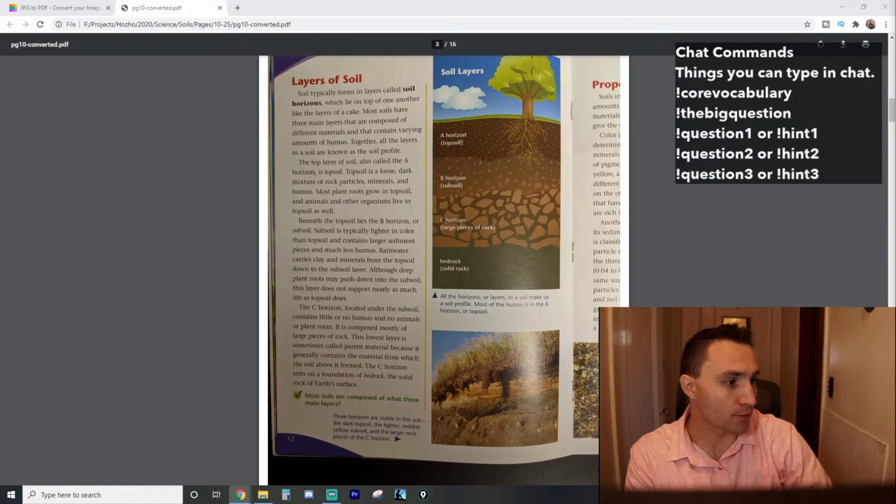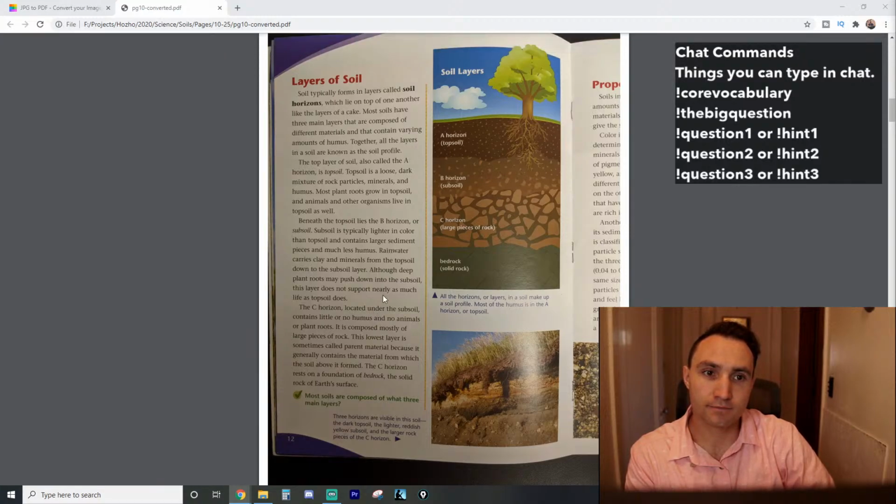And for question number 2, it says, what direction does a soil horizon go? You can refer to this picture on page 12. The soil horizon goes side to side, right?